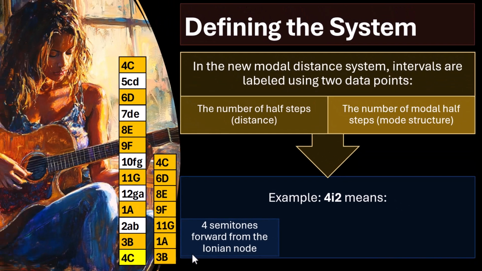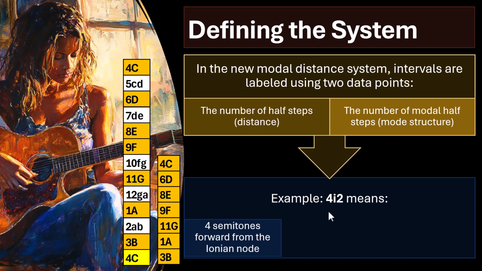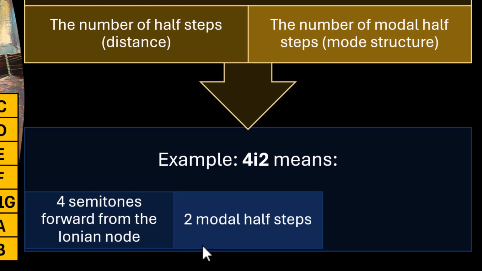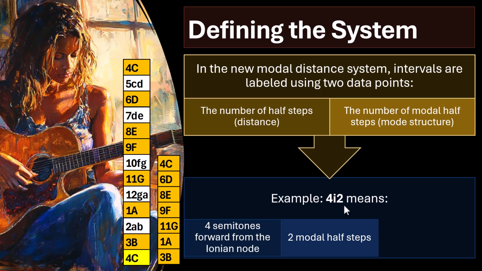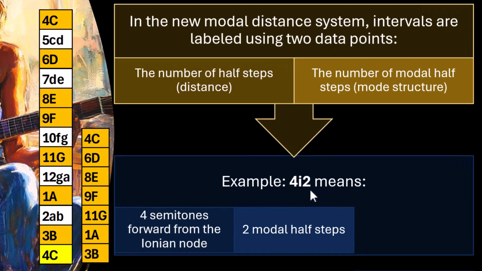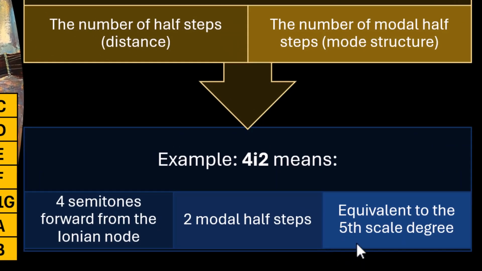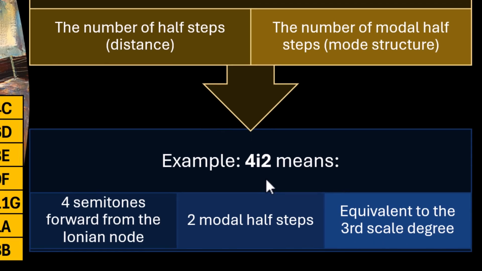So this would give us 4 semitones forward from the Ionian. That's what that 4 stands for. 2 modal half steps, that's what that 2 stands for, which would be the third scale degree, because the third from a scale degree term is always off by 1. It's too high by 1, and it's equivalent to the third scale degree. So notice that each of these notations has meaning to it.